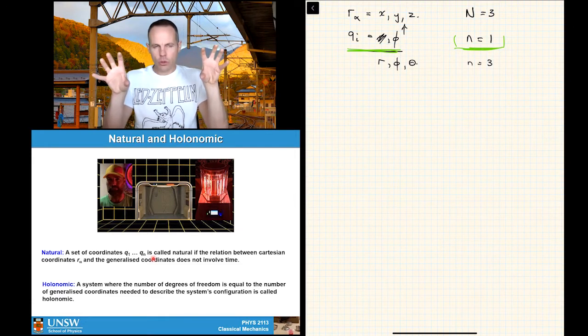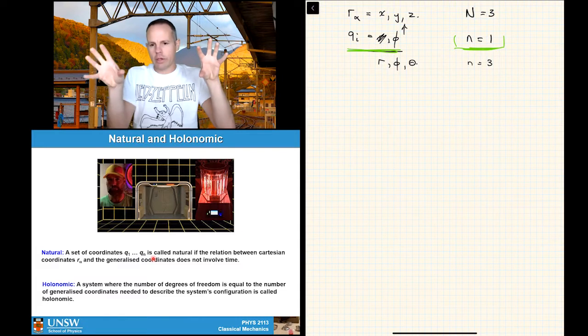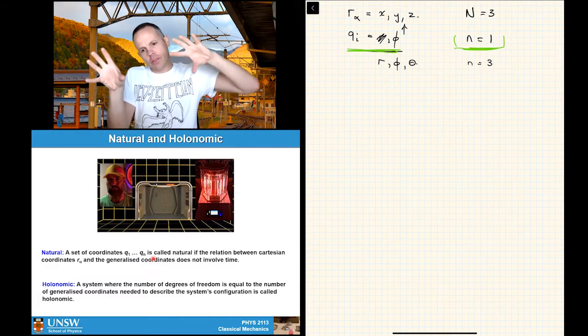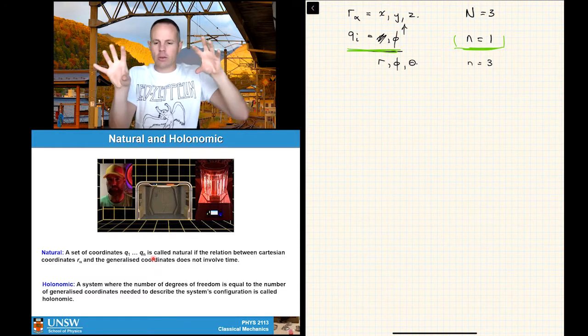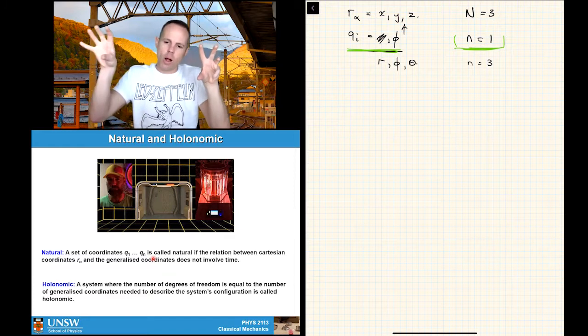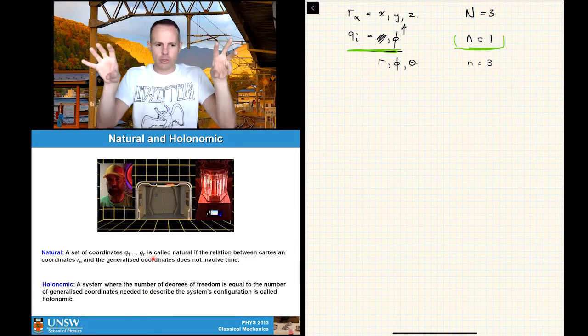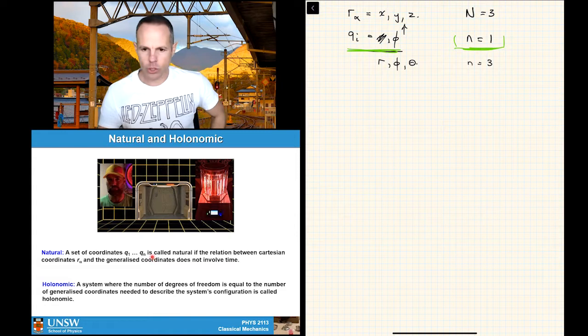I'll let you try and imagine cases for yourself where that's not the case, where essentially your coordinate system in one is not the same as the coordinate system in the other, and so it depends on time how you map from one coordinate to another. Those are non-natural coordinates, okay? And later on we'll show where those become important.